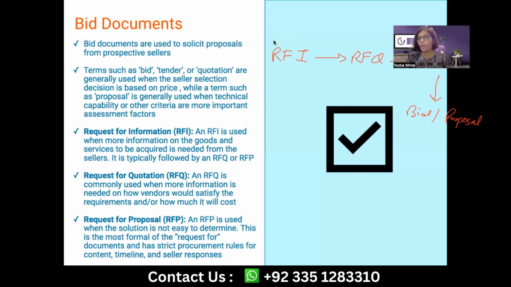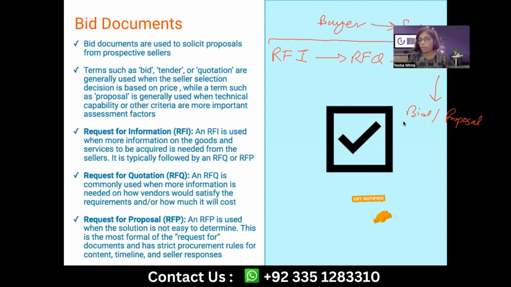Yes, exactly. So RFI, RFQ or RFP, it can be or, it can be and, it can be any of them. That again depends on what you are doing in the procurement setup. But whatever the case is, these documents are created by the buyer or contracting organization, right? From the buyer to the seller.